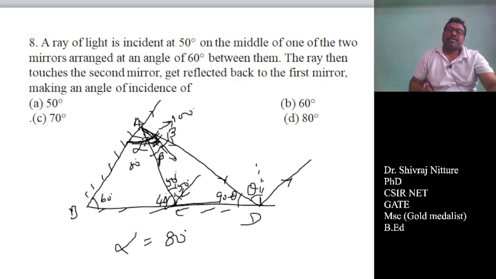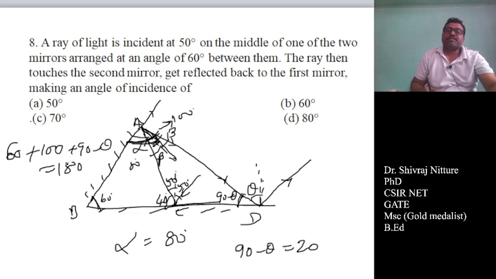This total triangle A, B, D, this is 60, this is 100. And what is this angle? 90 minus theta. Look here, 90 minus theta is equal to, this is already 160, so the remaining angle is 20 degree. So that is this 90 minus theta. 60 plus 100 plus 90 minus theta is equal to 180.